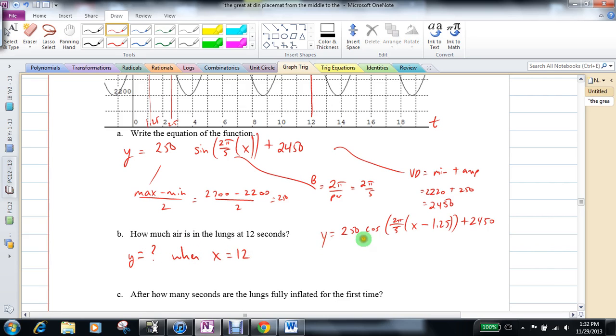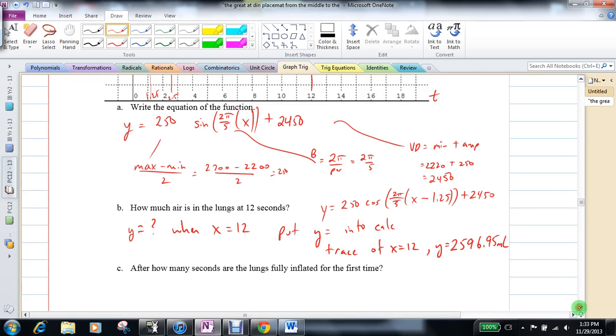So I would type my sine function into my calculator and do trace at x equals 12. If you do that, you will get a volume, a y value, of 2,596.95 milliliters. This is the volume of the lung at 12 seconds.